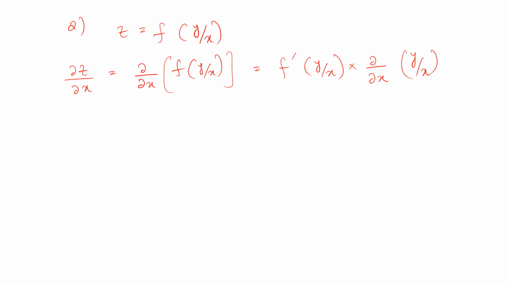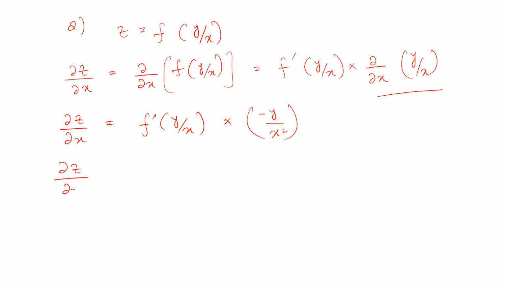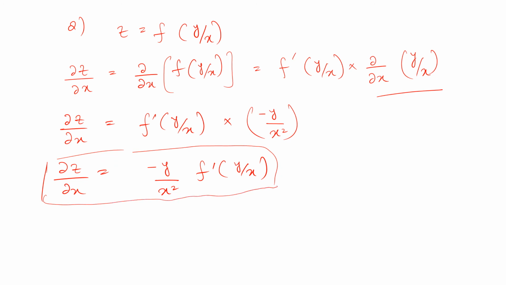So ∂z/∂x will be equal to f prime of y over x multiplied by, this will be differentiated with respect to x, so we will get negative y over x squared. So ∂z/∂x will be equal to negative y over x squared times f prime of y over x. So we can box this to use in the later stages, and now we will find ∂z/∂y.